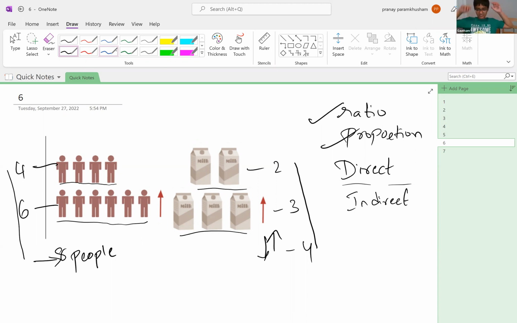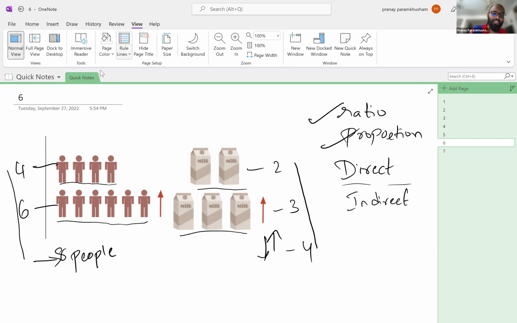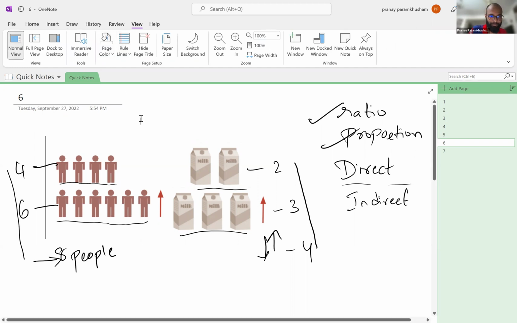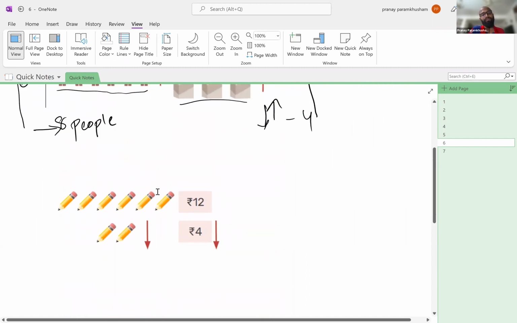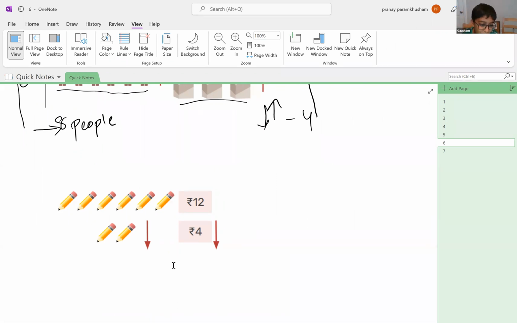Okay. Now let's see one more thing here. See here, the pencils. We have 6 pencils that cost 12 rupees, and we have 2 pencils that cost 4 rupees. So the ratio of the first one is 2 to 4, which is 1 to 2, and that is 6 to 12, which is 1 to 2.